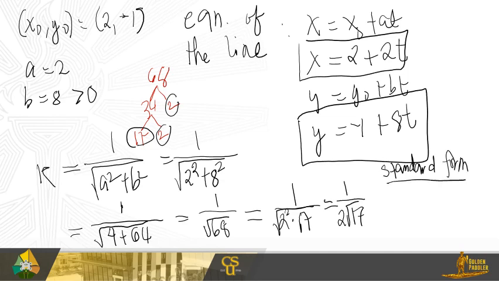So, ito yung standard form. X equals 2 plus cancel yung 2. So, meron tayong 1 over square root of 17 times t, and y equals -1 plus cancel yung 2.